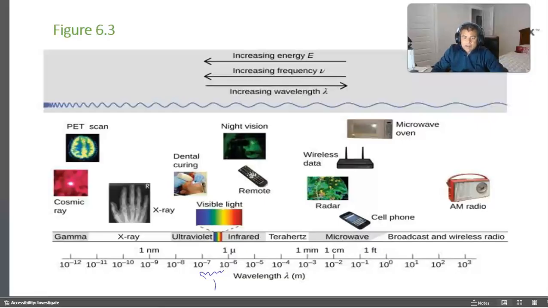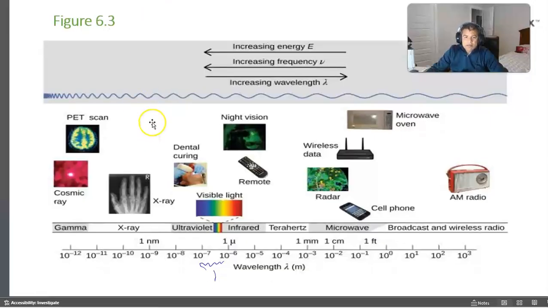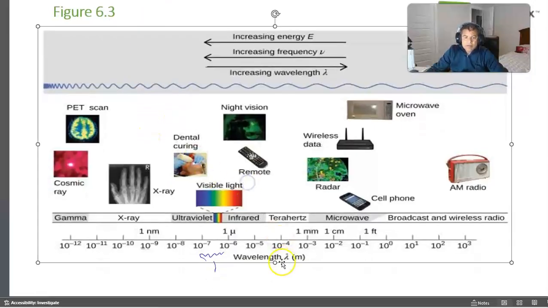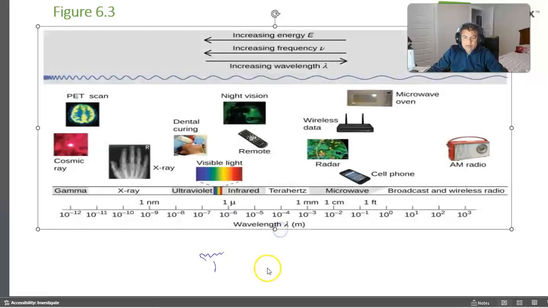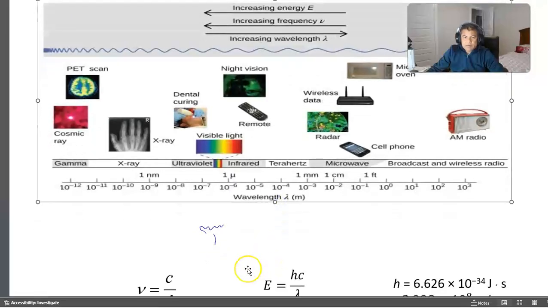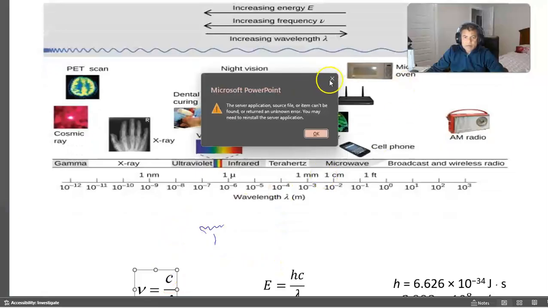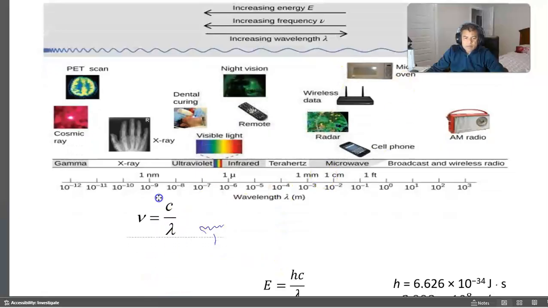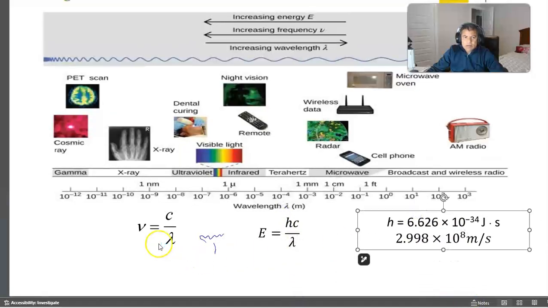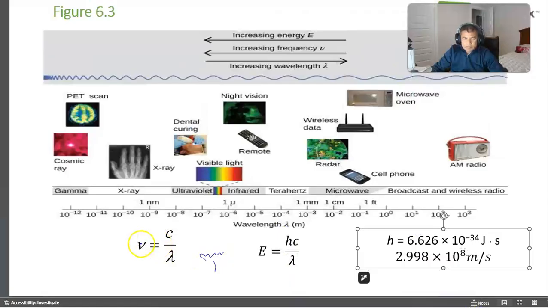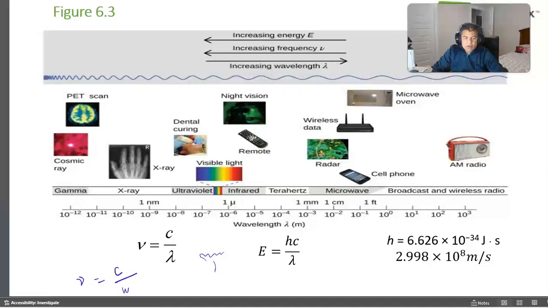Wavelength decreases. So this is the relation between energy and wavelength. Here nu is the frequency, c is the velocity of light, and lambda is the wavelength.